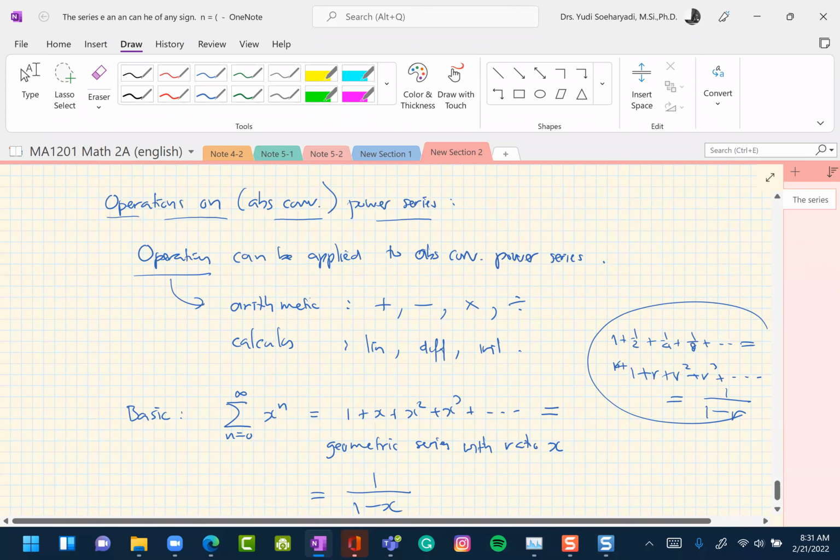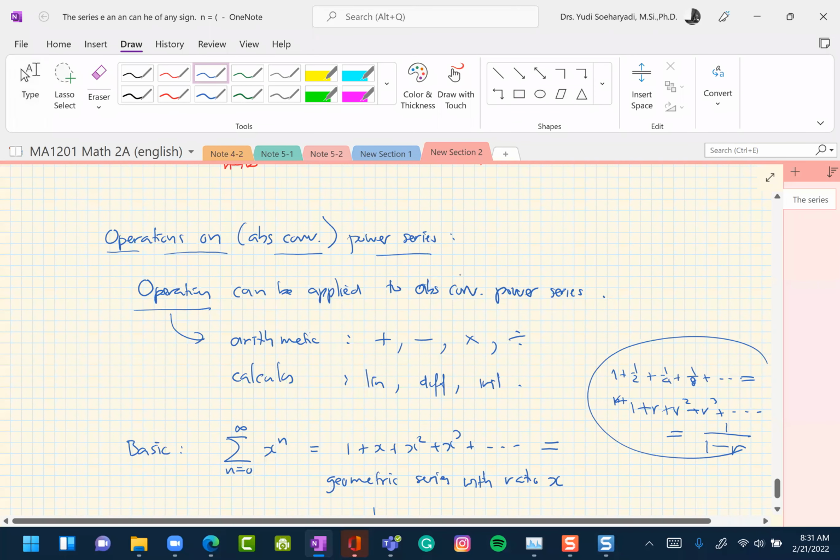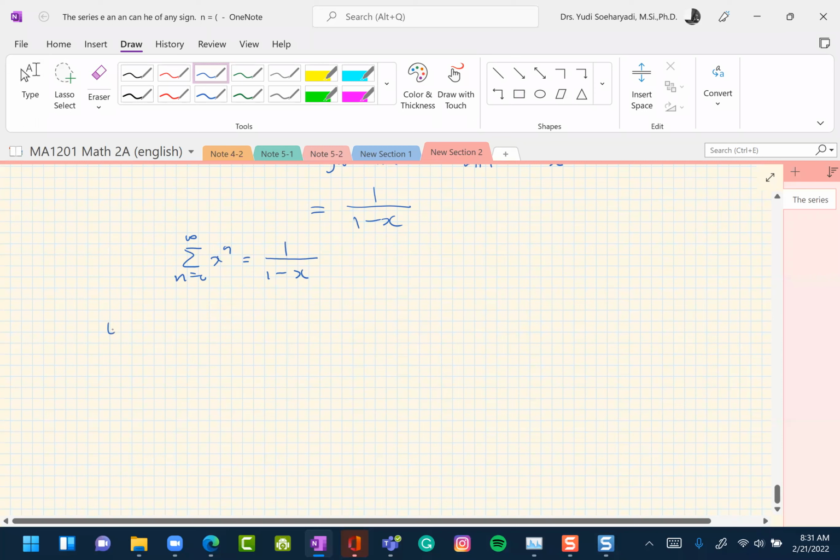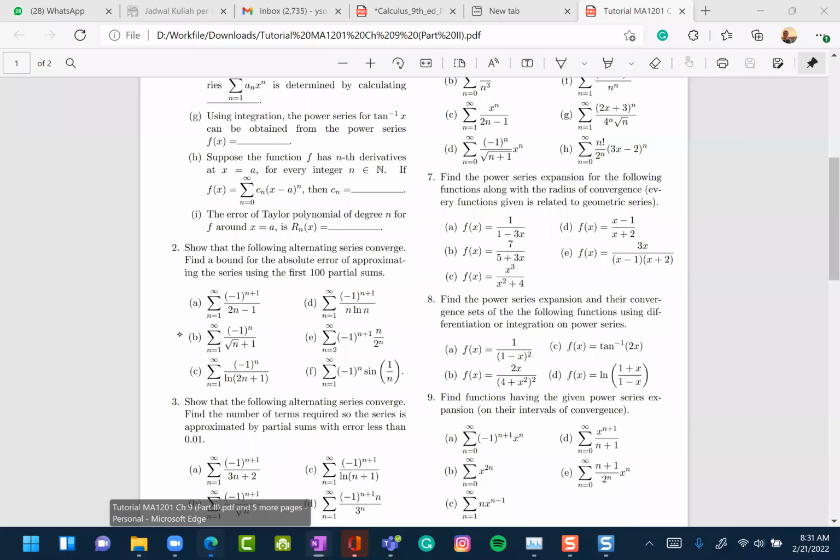Another operation is substitutions. For example, this one.